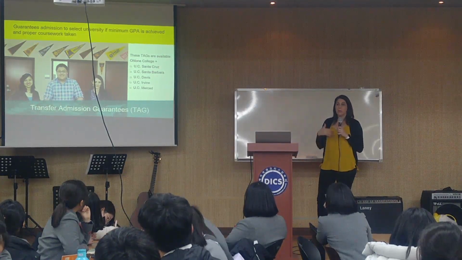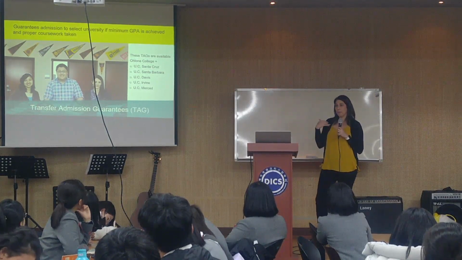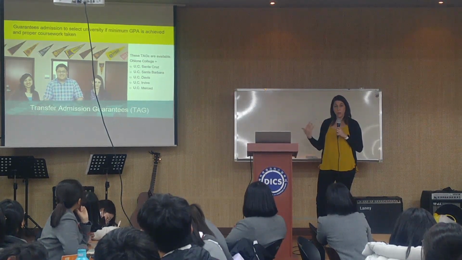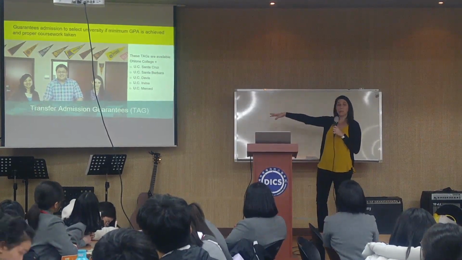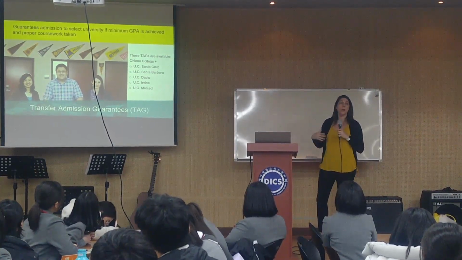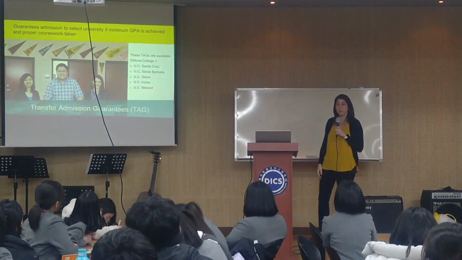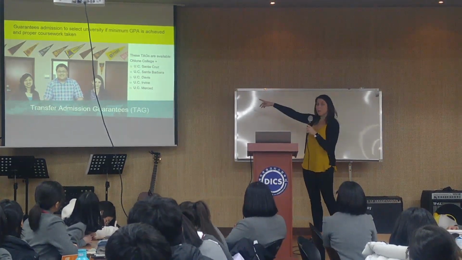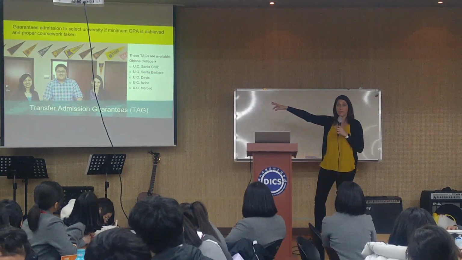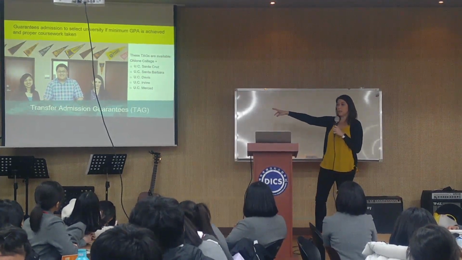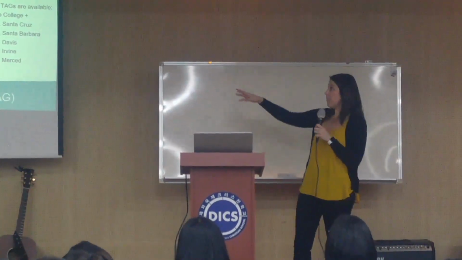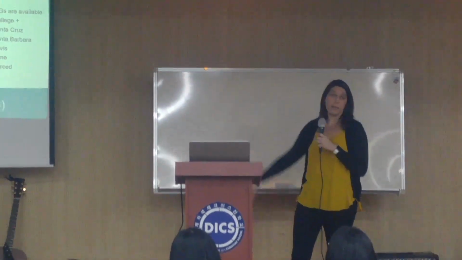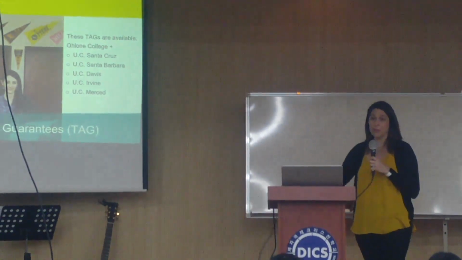So it takes the anxiety and the worry that you won't be able to get into a good school. You know you'll be able to get into a good school as long as you are mostly an A and B student. And some of these are top-ranked schools. UC Davis has an amazing reputation for a lot of biology, medicine. UC Santa Barbara, UC Santa Cruz are also really great schools.